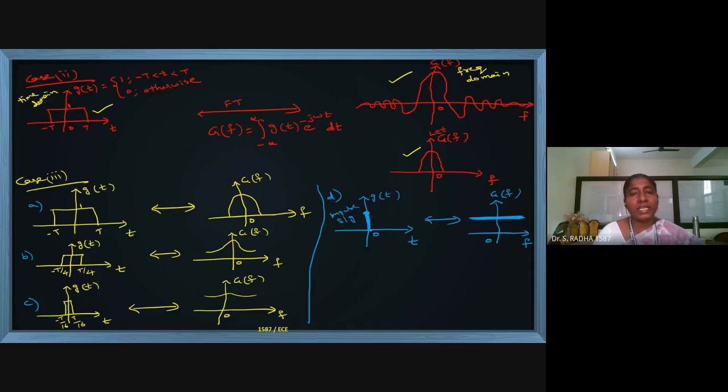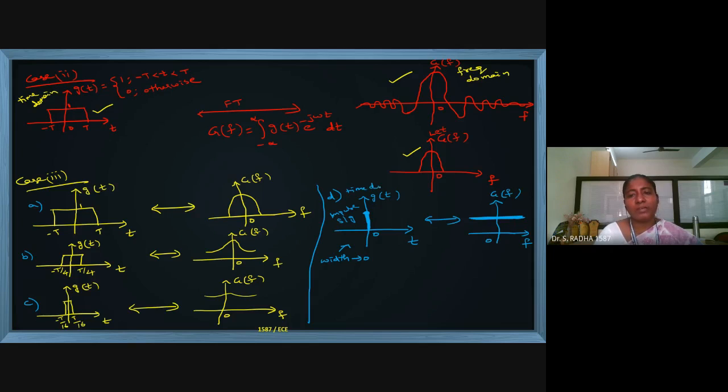We cannot say equal to 0. In cases A, B, C, width is slowly decreased. In D, width almost approaches 0. And in the frequency domain, the signal is a horizontal line.